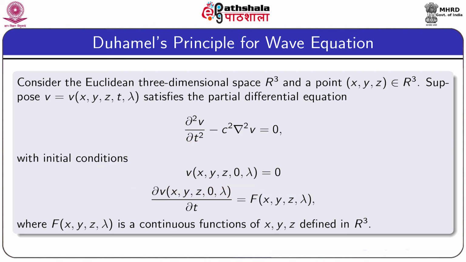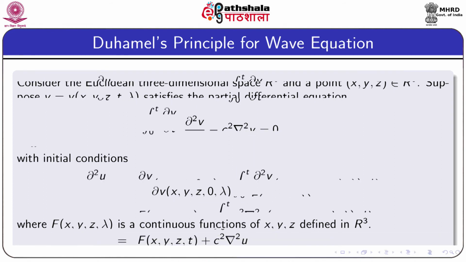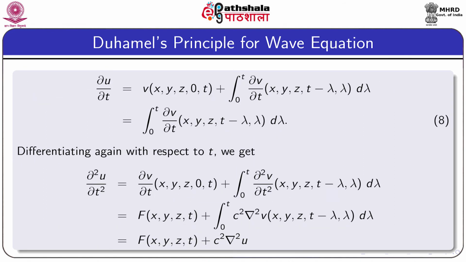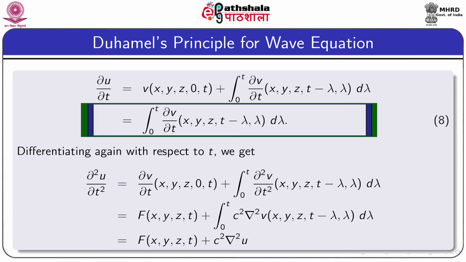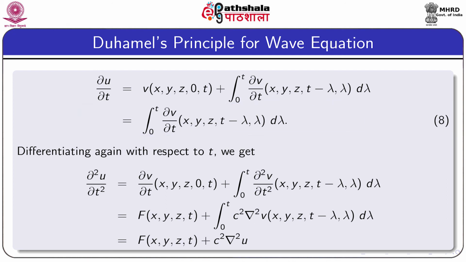So, if we use this condition, the first part becomes 0. So, del u del t becomes integration 0 to t del v del t (x, y, z, t minus lambda, lambda) d lambda. Again differentiate del u del t with respect to t.